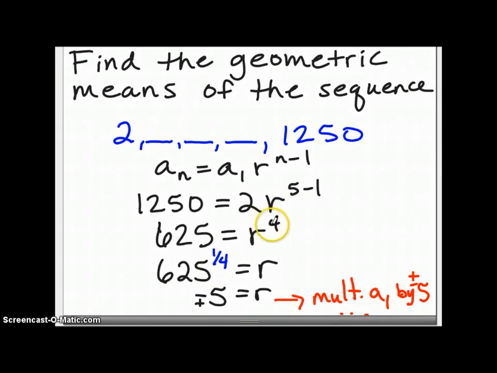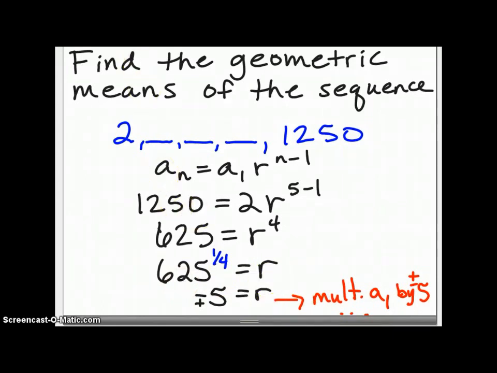Since I have an even power here, I have 2 possibilities. A negative times a negative is positive, times a negative, which would also be positive. So positive 5 to the fourth gives me 625, and negative 5 to the fourth also gives me positive 625. So my ratio could be these two numbers, positive 5 and negative 5.